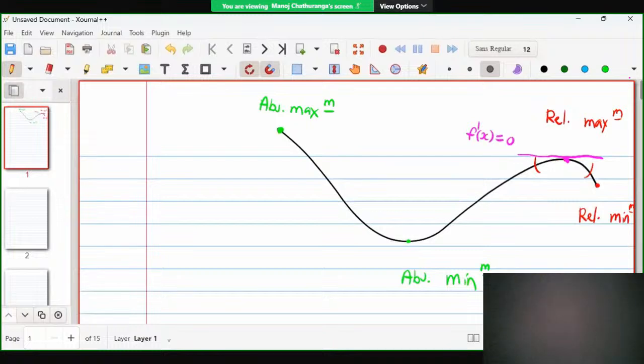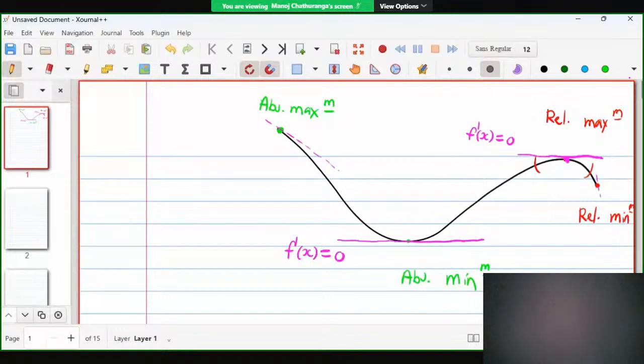Again, right over here, the tangent line is horizontal. But at this point, the tangent line doesn't seem like a horizontal line.